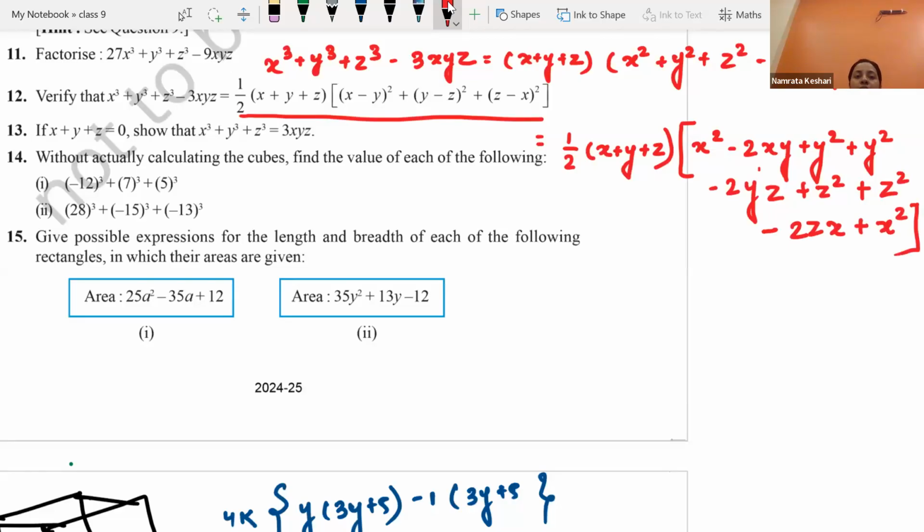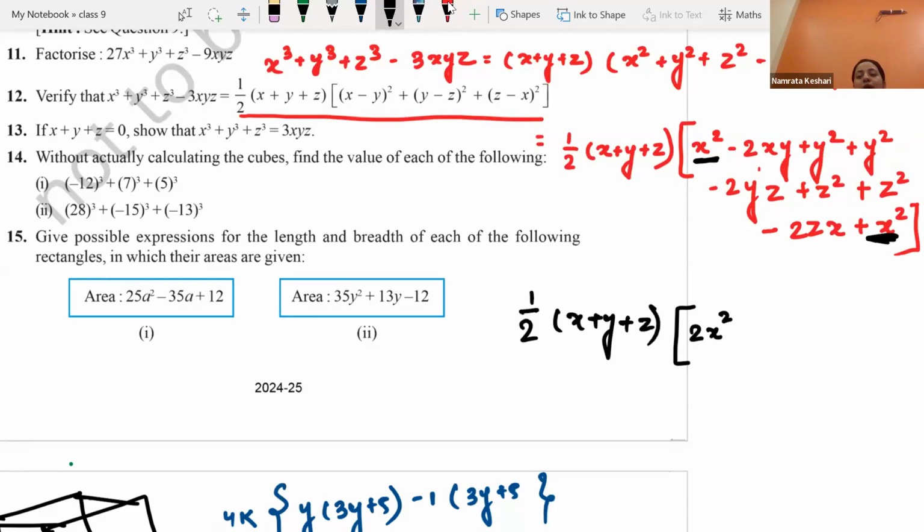This way. Now, if you will see carefully, you will find x square plus x square. That means you will be getting 2x square in this rectangular bracket. If you will focus, you will be getting 2y square as well. Be careful. So from this rectangular bracket, now you are going to get, see this 1 by 2, (x plus y plus z) is still there.